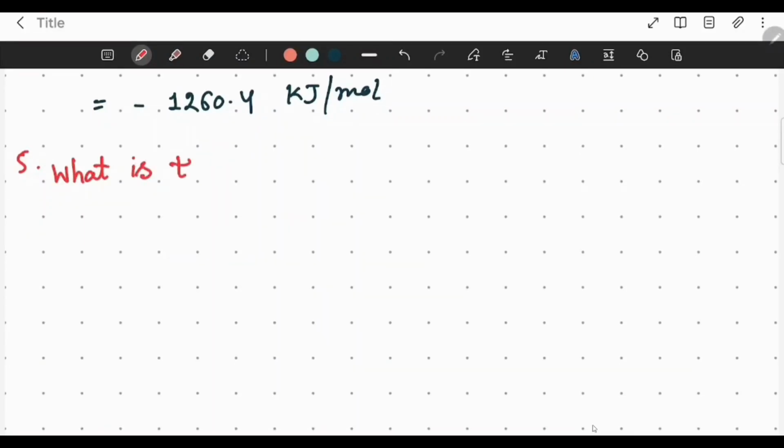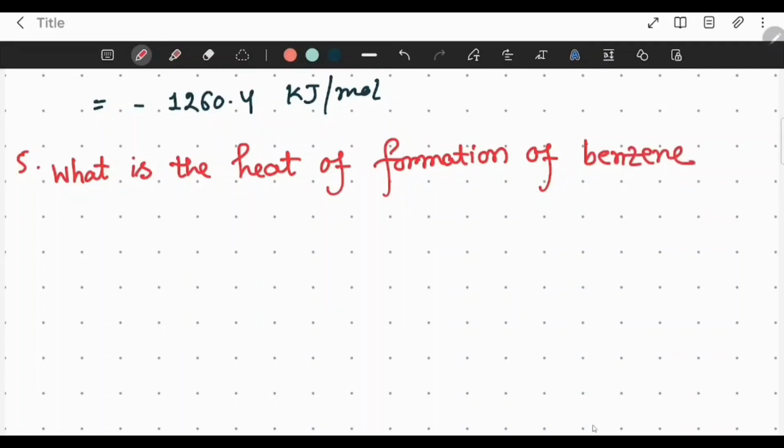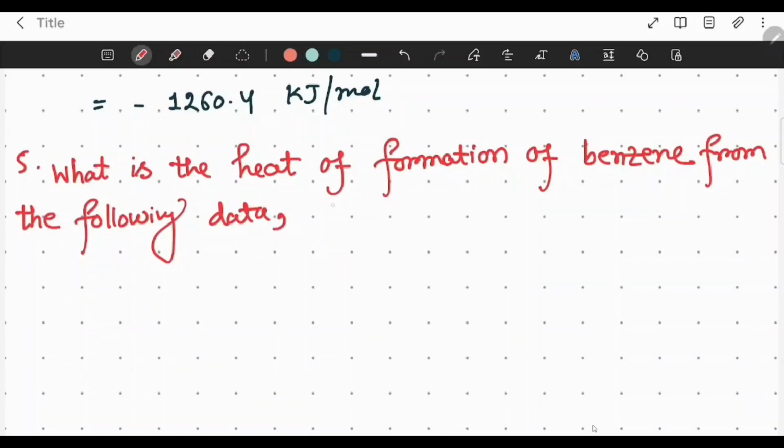What is the heat of formation of benzene from the following data, assuming no resonance, okay.